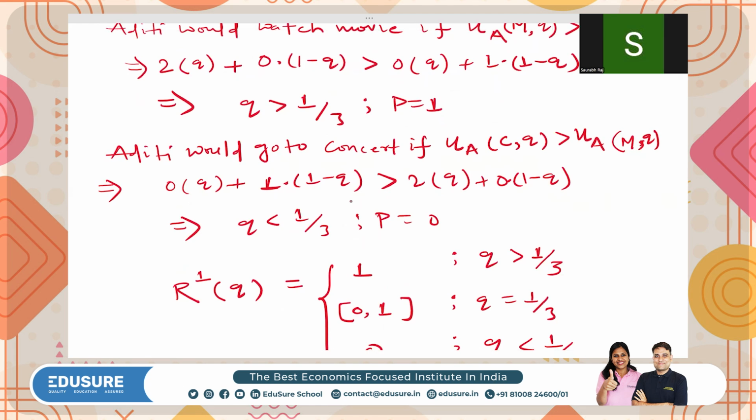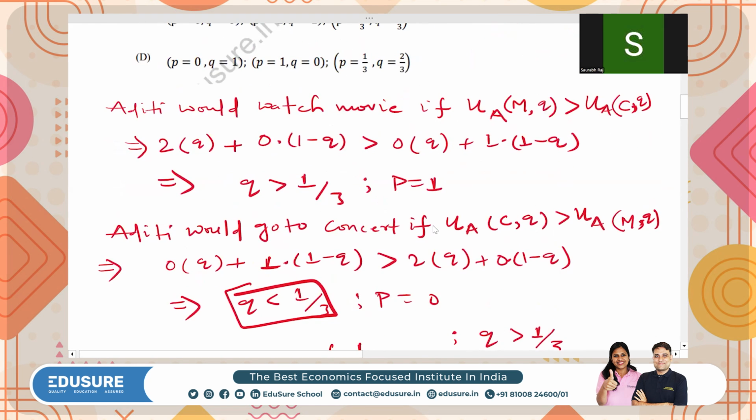Similarly, just reversing the condition, if you look at Aditi going to the concert, the condition will be that the expected utility of Aditi from attending the concert should be greater than the expected utility of Aditi from watching the movie. Then again, if you calculate, the condition will come out to be Q less than 1 by 3. So we have figured out both the conditions which might arise.